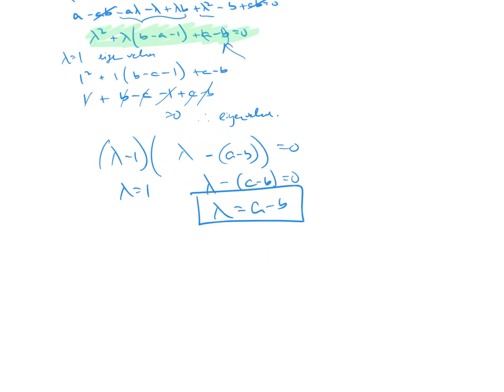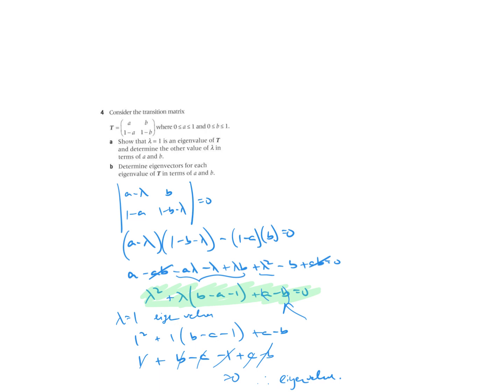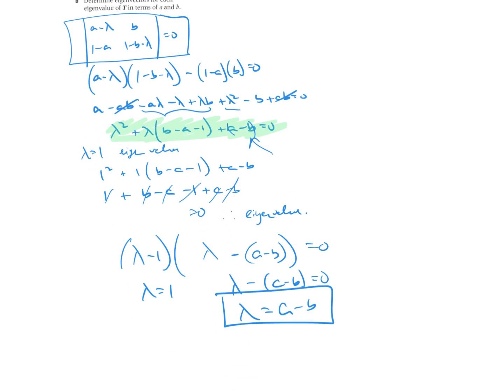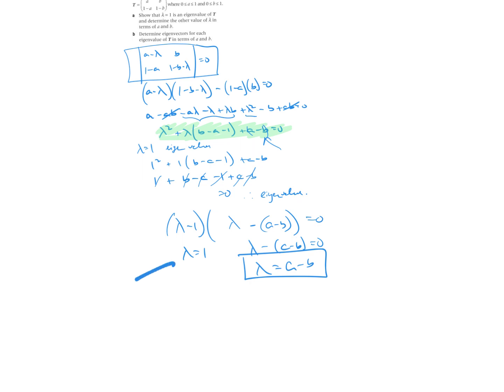So now we go back to the question, to the eigenvectors. So I'm going to go back to this particular matrix. If lambda is 1, then the matrix is a minus 1, b, 1 minus a, and then 1 minus b minus 1.